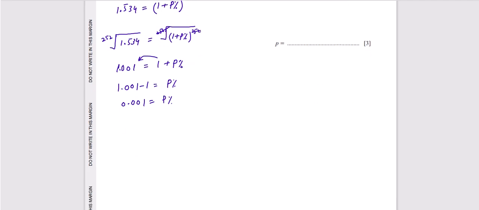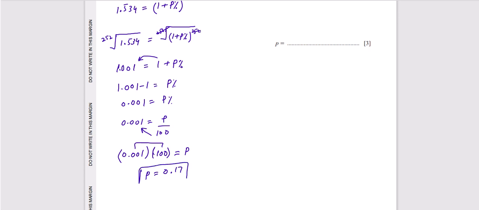So 0.001 is equal to P divided by 100. This 100 multiplies with this value, 0.001 multiply with 100 is equal to P. Multiplying these values, we get 0.17.